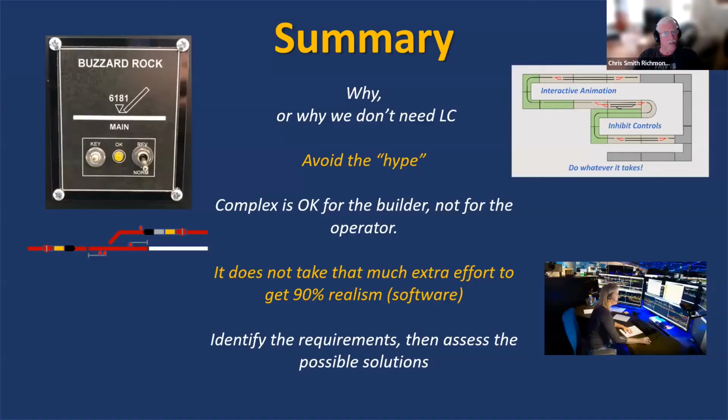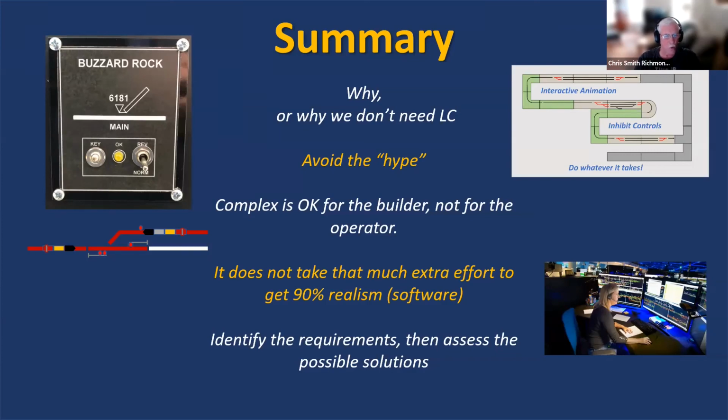So in summary, we talked about why, but just as importantly, why we might not need a layout control bus. In addition, complexity is okay for the builder and the layout designer, but it's bad design if it ends up being complex to operate by the guests and the operators. That is something I put into everything I try to do.